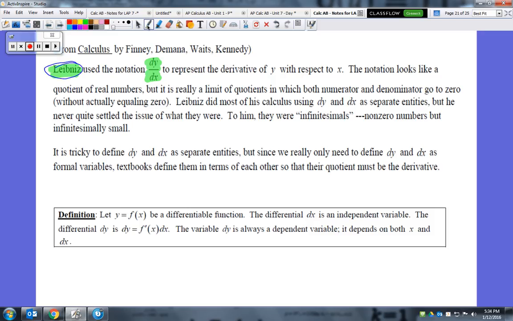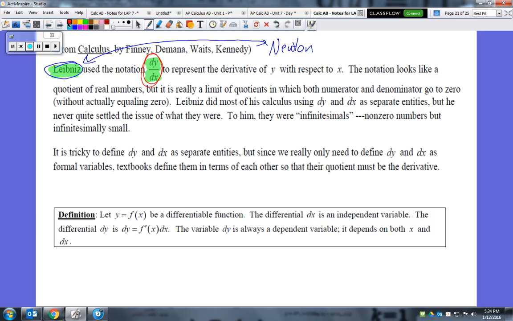Not extremely important, but Leibniz or Newton, there's a question of who got the credit for discovering calculus. We'll talk about that maybe sometime in class, but for right now, there were two mathematicians who came up with calculus, just in slightly different ways as far as what variables they represented for f prime of x or y prime and all that.